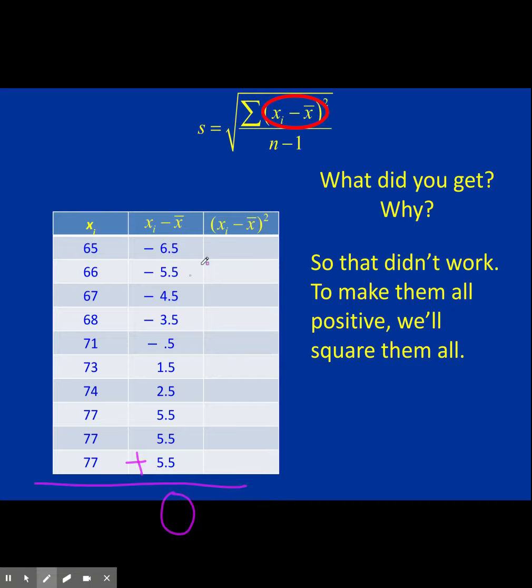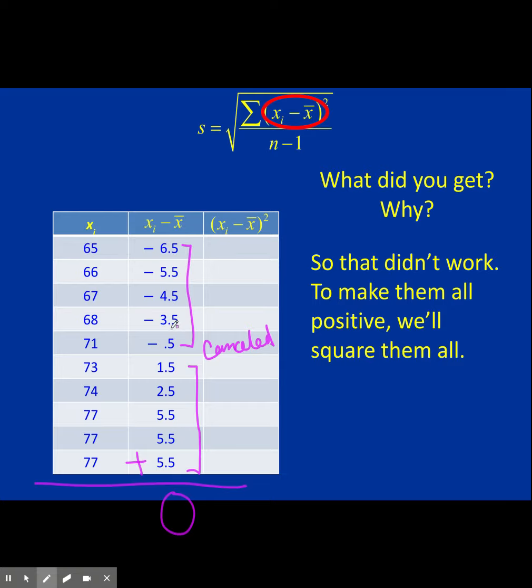The reason that happens is because all of the negative values cancel out all the positive values. I don't know if that's actually how you spell canceled. Probably not, but this is why I teach math and not English.